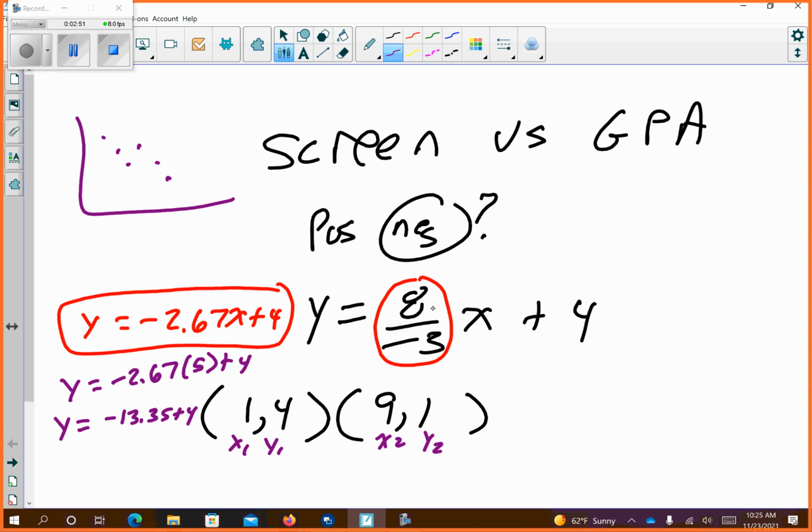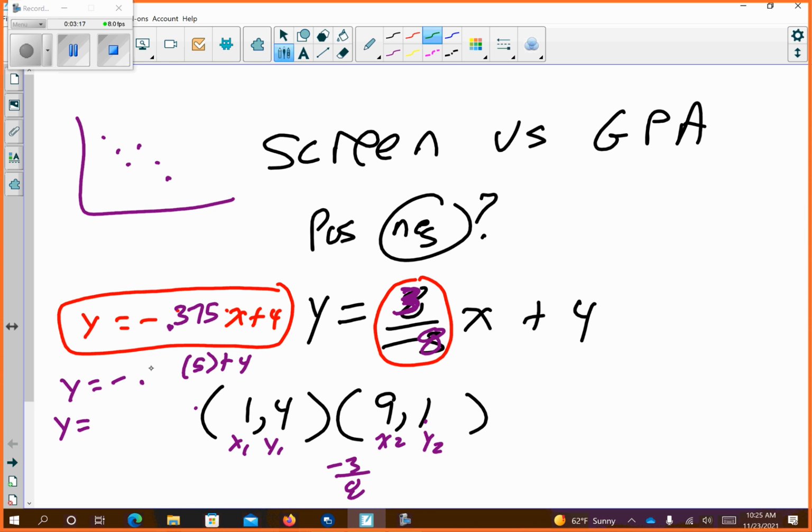Oh, okay. I bet you're right. Let's see. 1 minus 4 is negative 3. Yeah. Oh, this was upside down. 3/8. So what's 3 divided by 8 on a calculator? 0.375. Thank you.